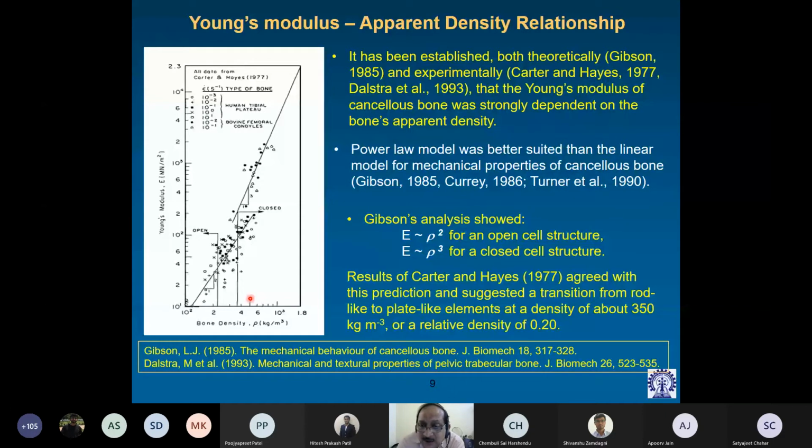earlier. So the results of Carter and Hayes, 1977, agreed with this prediction and suggested a very important transition, from rod-like structure to plate-like structure at a density of around 350 kg per meter cube. So this is somewhere located here.